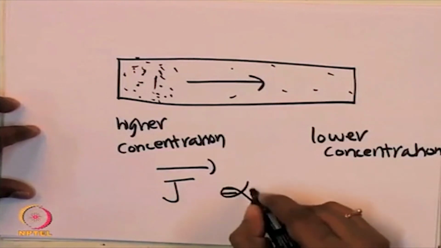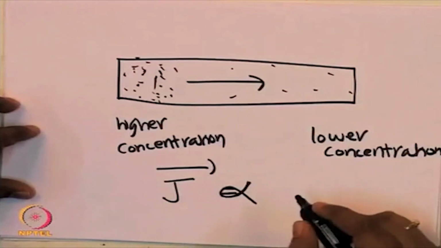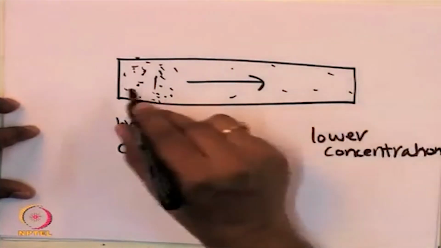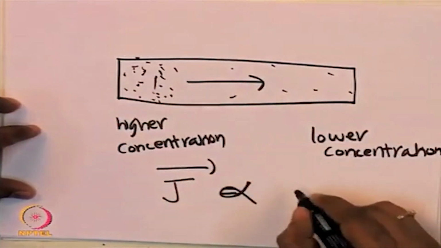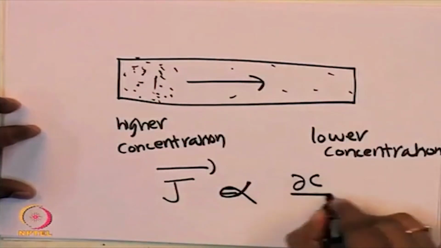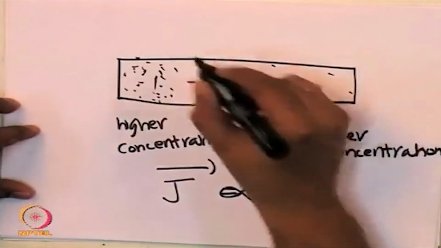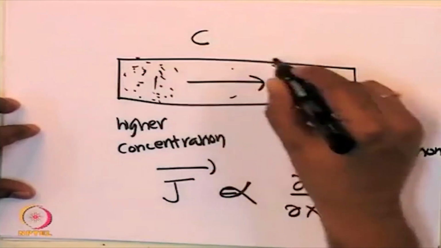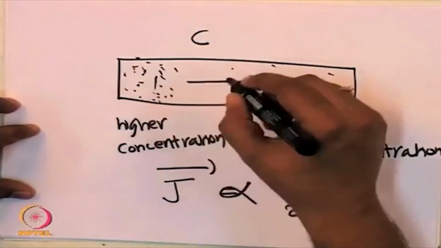This flow is proportional to the change in concentration. If there is a change in concentration, then there is a current. So, J is proportional to del C by del X, where C is the concentration of this protein or this ink molecule.